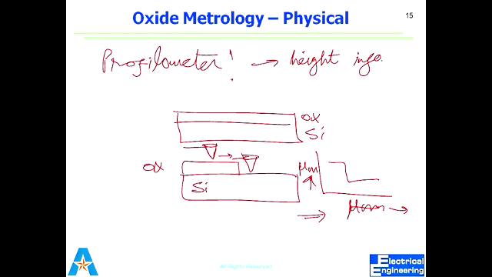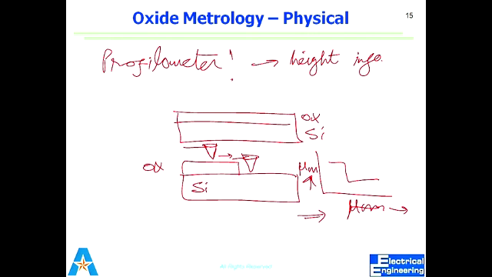For example, this is silicon, and by some masking or other process, I could manage to get this part of silicon not to get oxidized. So this part of silicon is not oxidized, this part of silicon has the oxide layer. So here is the step that I have.